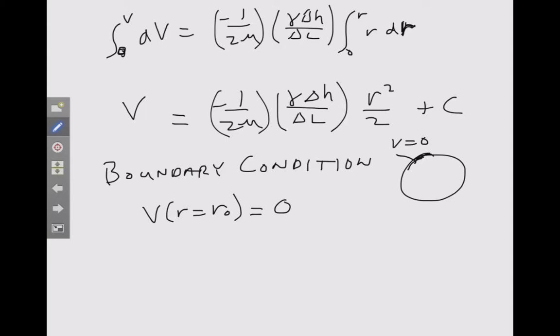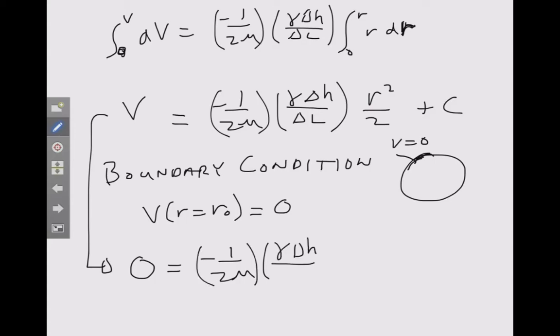And plugging that in to this equation here, we have 0 equals minus 1 over 2 mu gamma delta h over delta L, and this is r, let me make sure this is correct, r0 squared over 2, and then we still have this constant of integration.